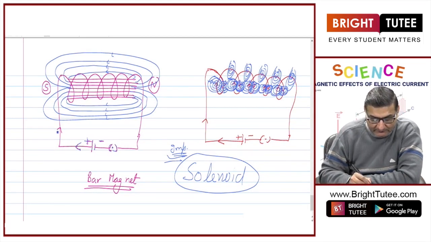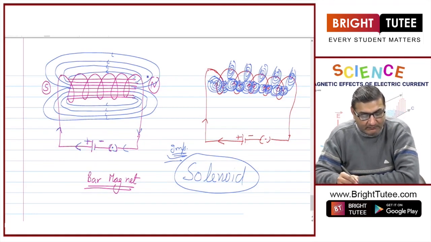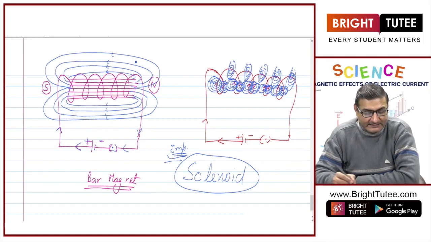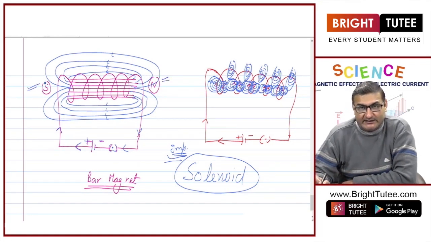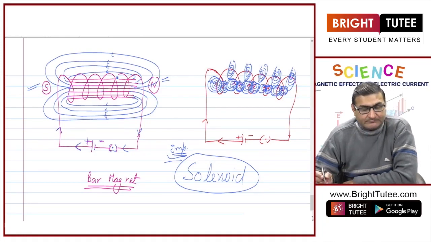The direction of current arrows should be shown, and here you will be showing the coil, circular coil, and the magnetic field lines. This north pole and south pole should be specially given attention to. They are quite important to write. The direction with the arrows you need to show.